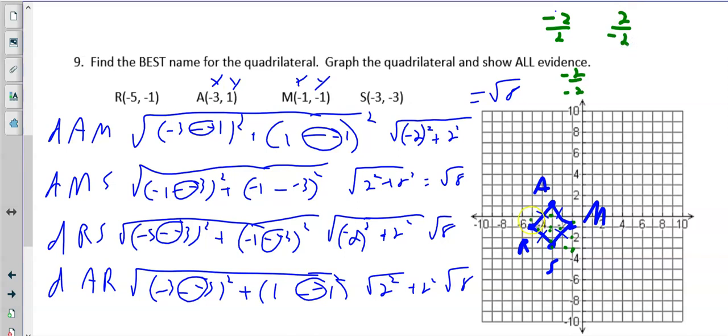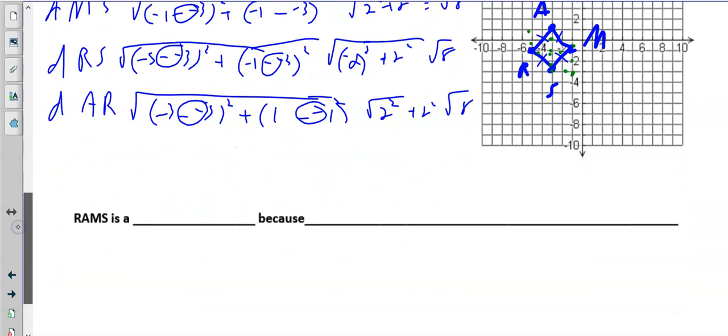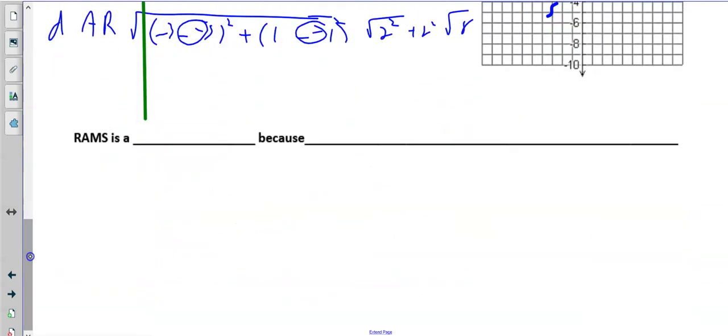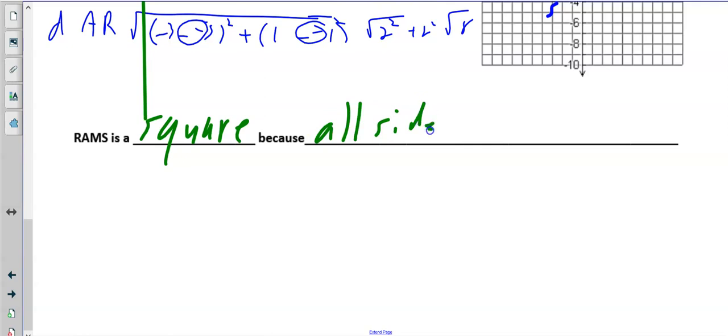And from R to A, we're going to go up 2 and right 2. Well, this is -1, this is -1, this is +1, and this is +1. So we have opposite reciprocal slopes. So this is a square, because all sides are perpendicular, with opposite reciprocal slopes.